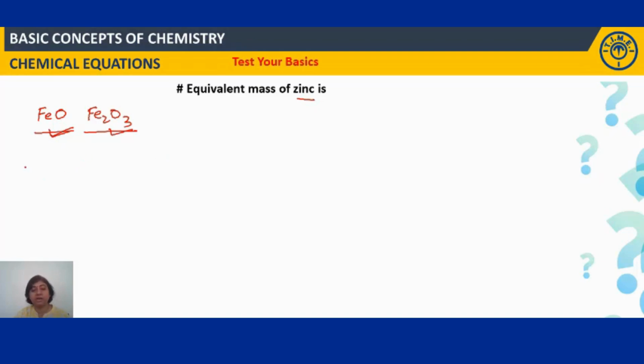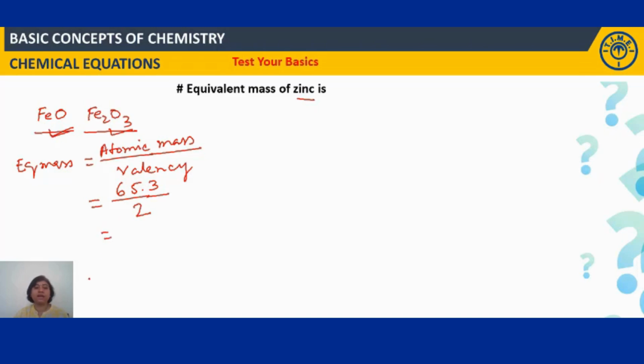So how do you calculate equivalent mass of zinc? Equivalent mass is equal to atomic mass divided by valency. Okay, so you know about it. Atomic mass of zinc is 65.3, divided by valency 2.